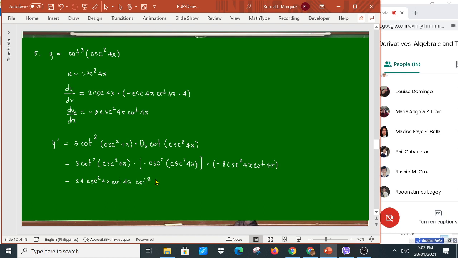Cotangent squared, ang kanyang angle, cosecant squared 4x, times cosecant squared of cosecant 4x. Bumababa. Cosecant squared 4x. Okay guys? O yan na ang sagot. That's y prime.